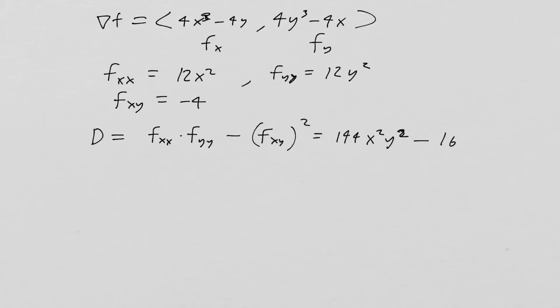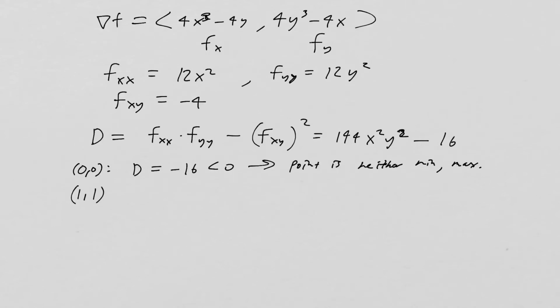Now we're going to look at that 0, 0 point. So D in this case is going to be negative 16, so that is less than 0. And if we look at the second derivative test, which we've shown in another video, we know that means the point is neither a min nor a max. So that's 1 point.